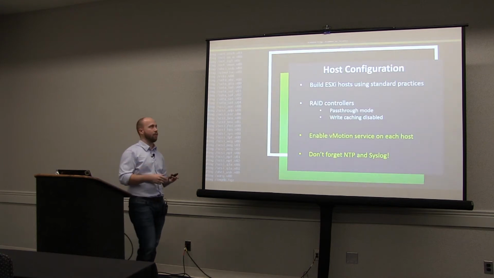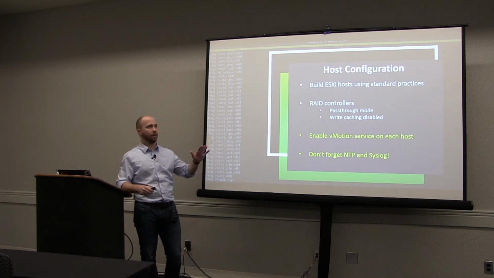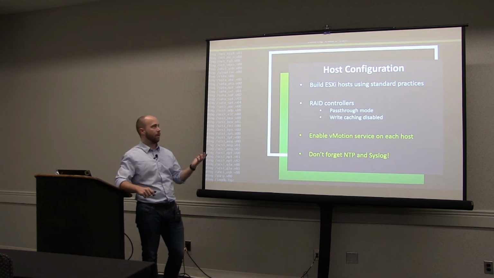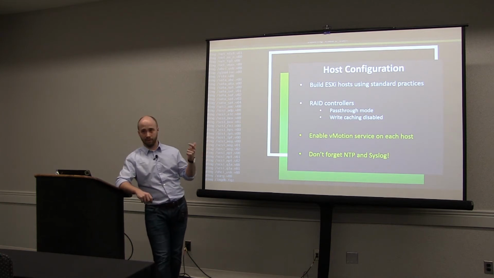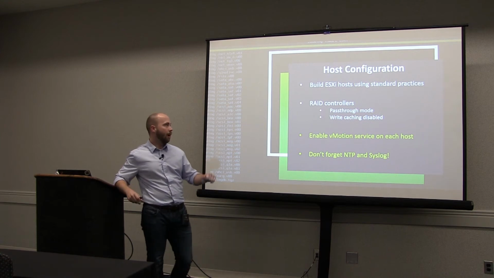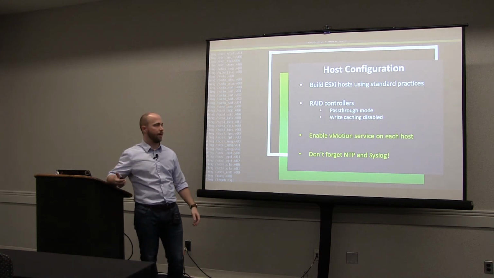So as far as building your ESXi host, really not a whole lot of crazy stuff here. You're going to build your host using all your standard practices that you're doing now. But again, you want to configure your RAID controllers for your vSAN disks in pass-through mode. If for whatever reason your controller doesn't have a pass-through mode, you can also configure the disk as RAID 0, and that'll work just fine.